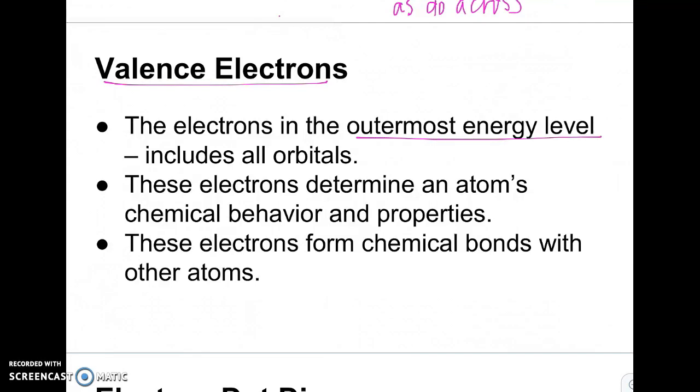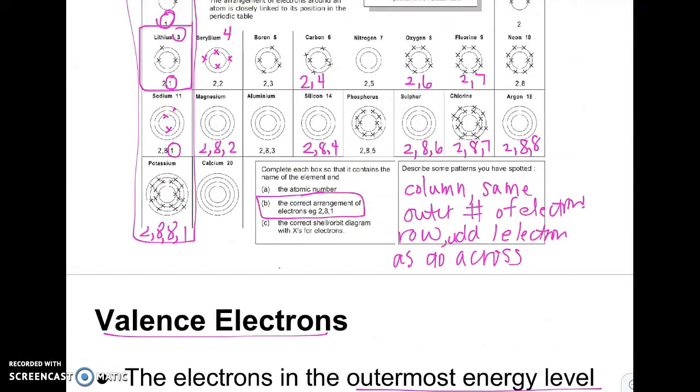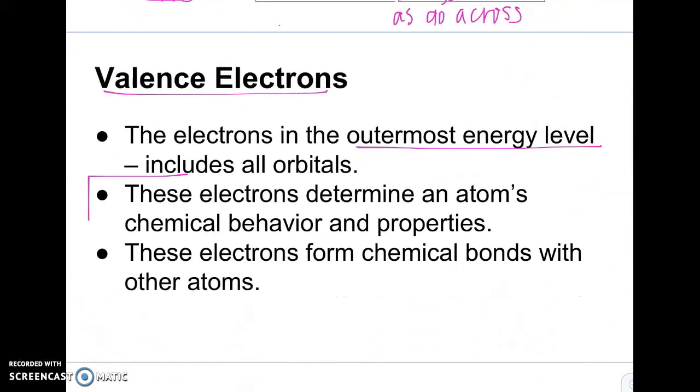For what we were looking at up here, that would be those 1 electrons in this group, the 2 electrons in this group, etc., going across. The reason that they are the most important is because these electrons determine an atom's chemical behavior and properties.